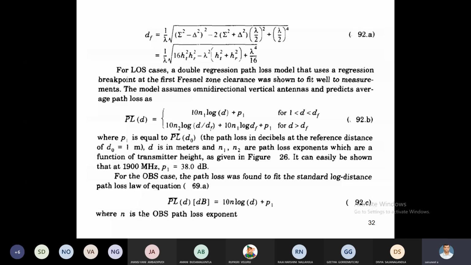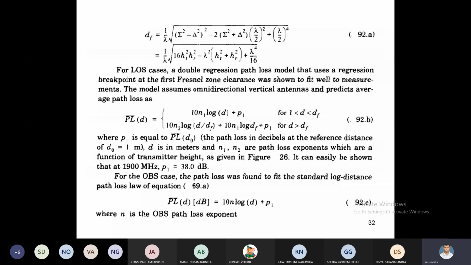Here n1 is the path loss exponent. Similarly, whenever d is greater than df, then the path loss is equal to 10 n2 log(d/df) plus 10 n1 log df plus p1. This is about the OBS case.